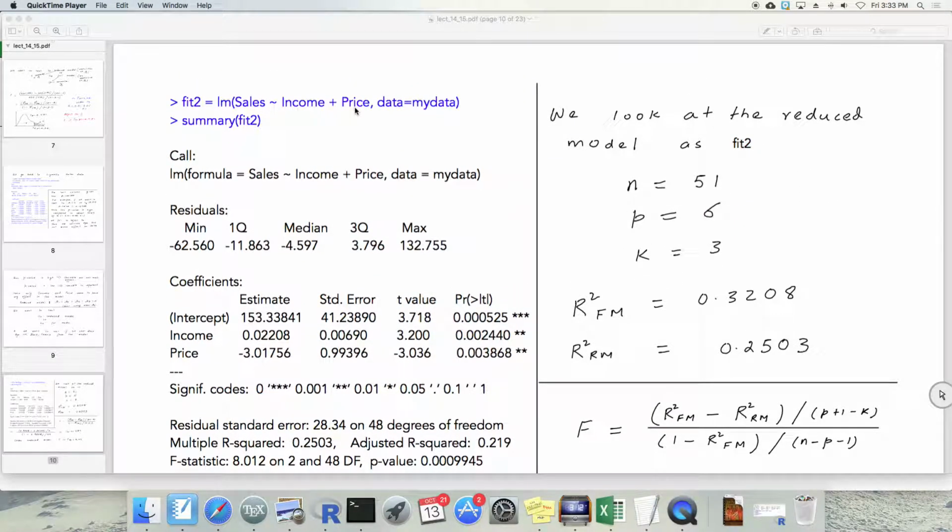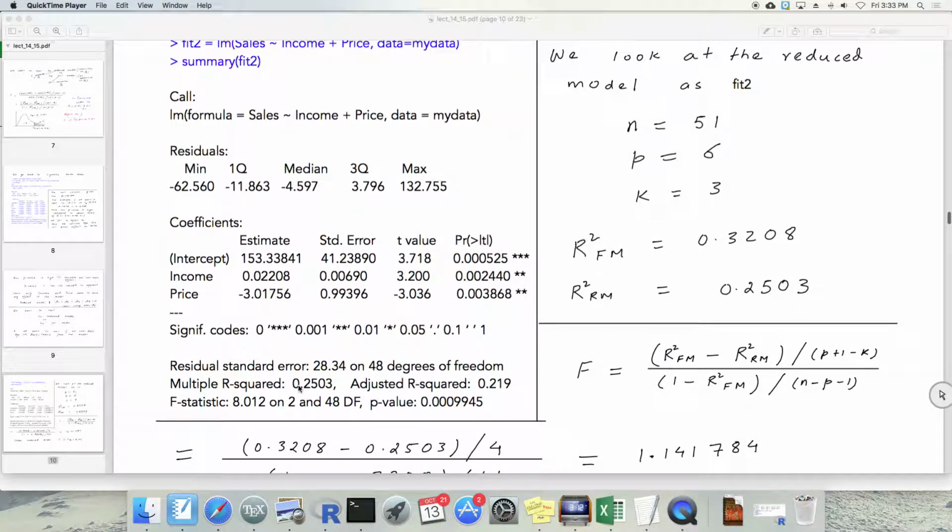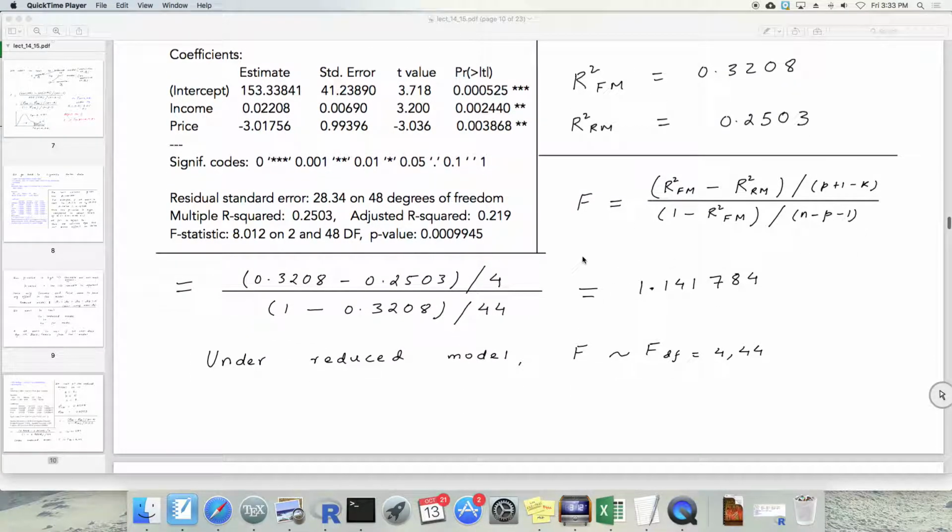That means we are dropping all the other variables. Let that be fit 2. From fit and fit 2, we get the R square for both, and we use the formula to get the F statistic as 1.141784.